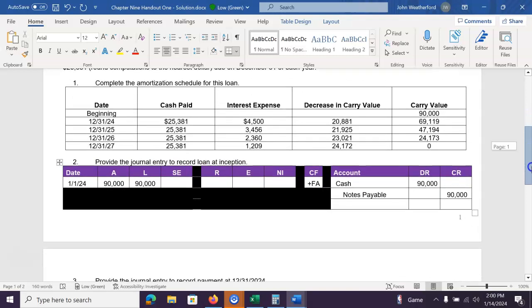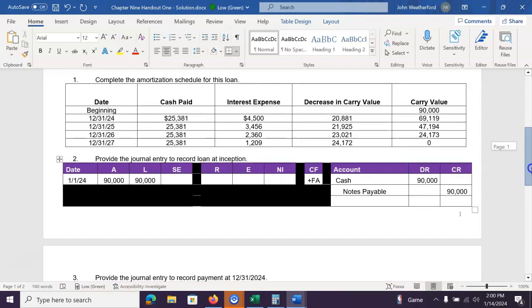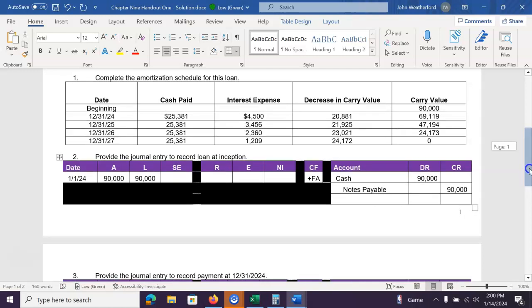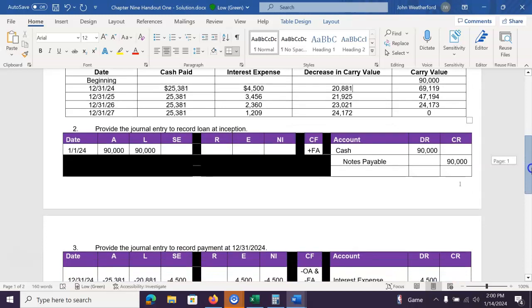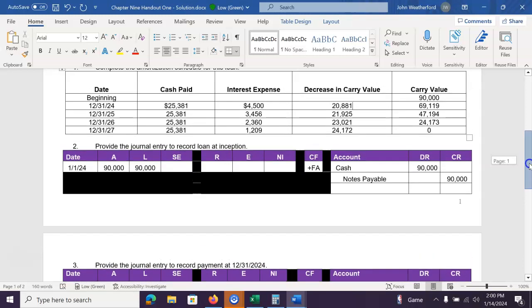All right, now they want the journal entry to record the payment at the end of 2024. Well, you guys, you got everything you need to do that right here. Okay, so we're going to debit notes payable for the decrease in the carrying value, $20,881. Looks like we've started here instead with interest expense.